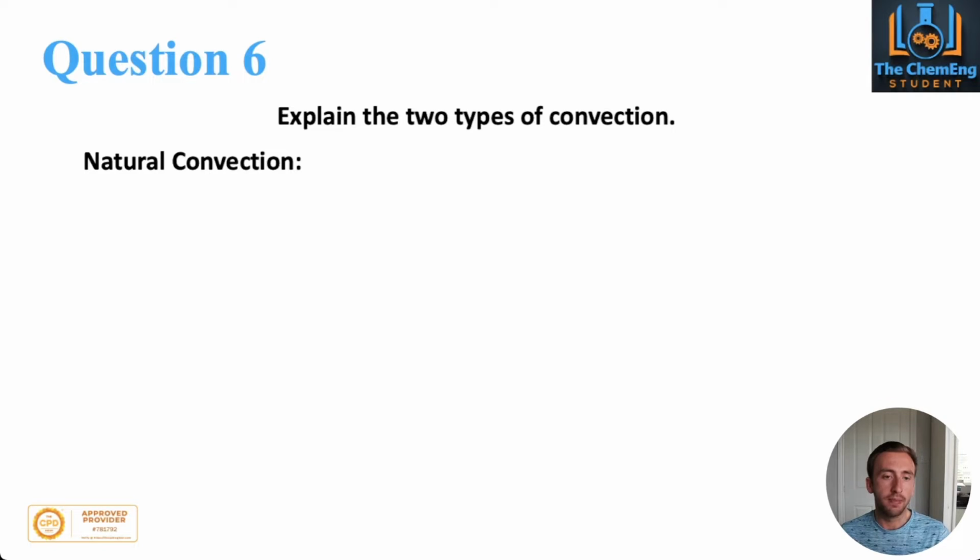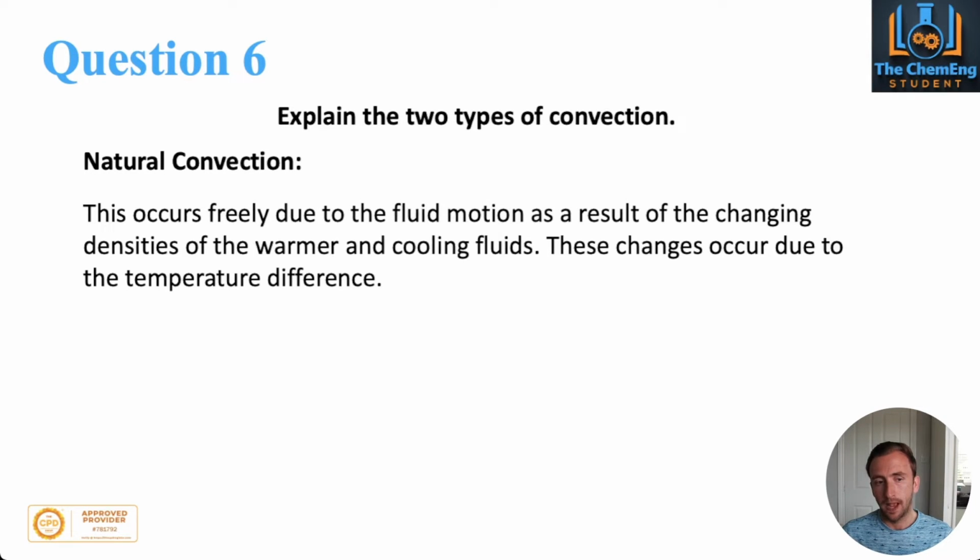So the first one would be natural convection, and this occurs in a free manner due to simply the fluid motion as a result of the change in densities between the warmer and the colder fluids. And these changes occur due to the temperature difference.